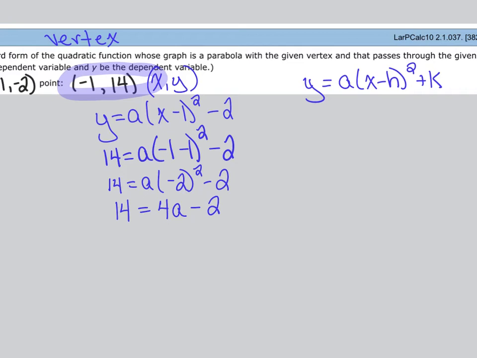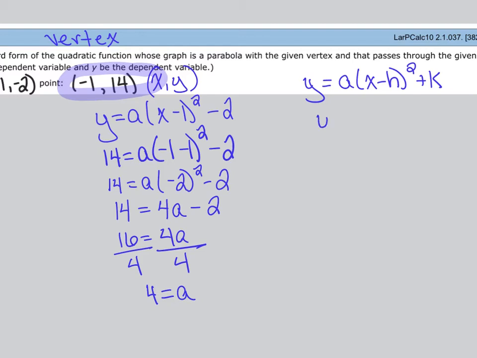Okay, what do I add to both sides to get rid of the -2? Good. So I have 16 equals 4A. What's A? 4. Now, A equals 4 is not your answer.